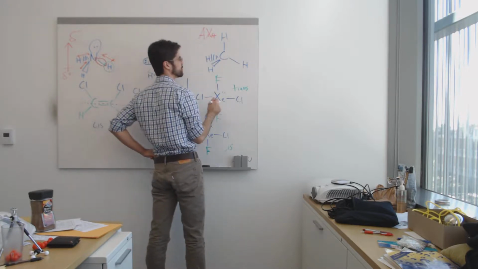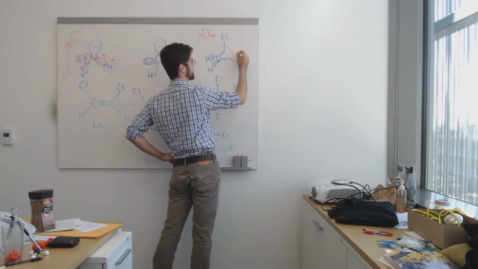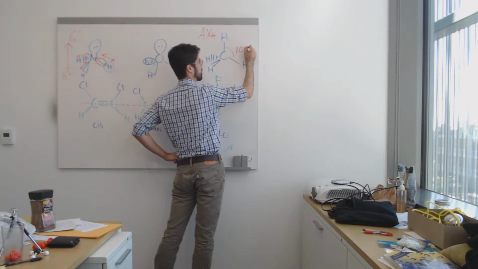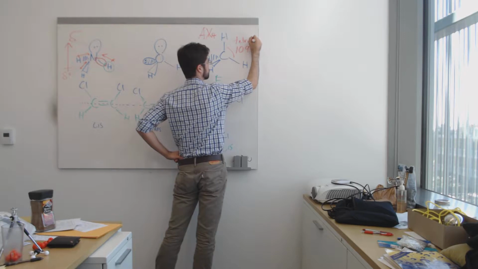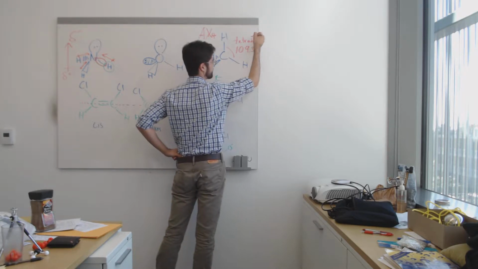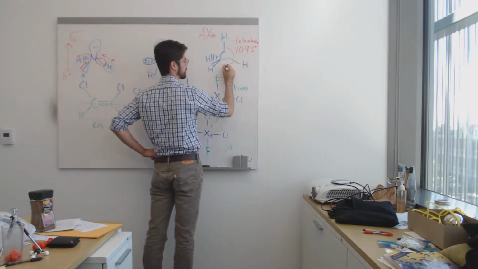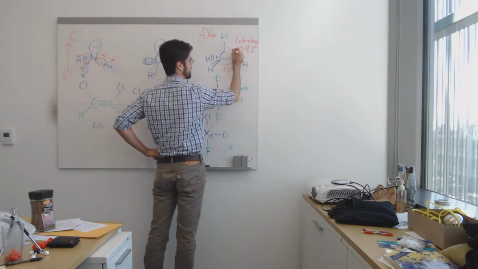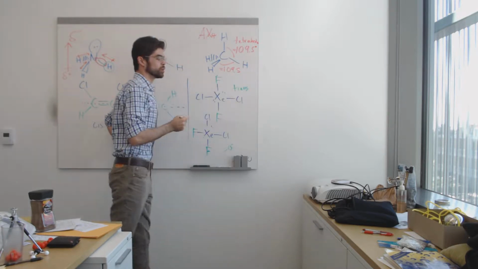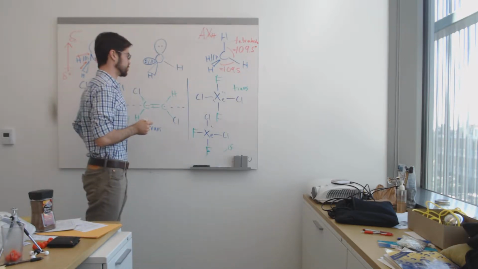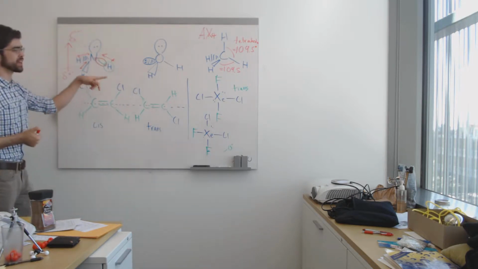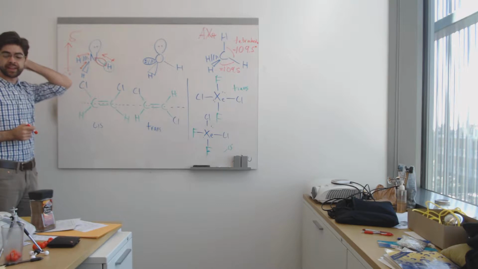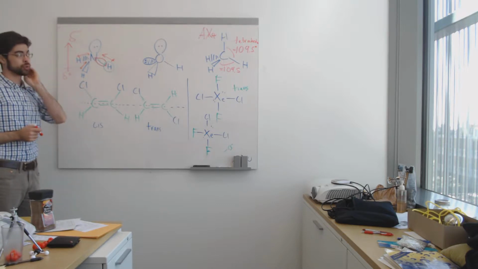Then you can say exactly that the bond angles are 109.5 degrees because it's tetrahedral. They're all going to be exactly equal to 109.5 degrees. That won't be the case for molecules like NH3 and H2O.